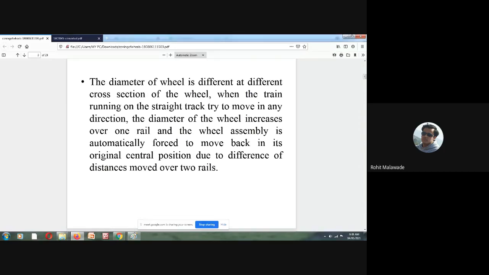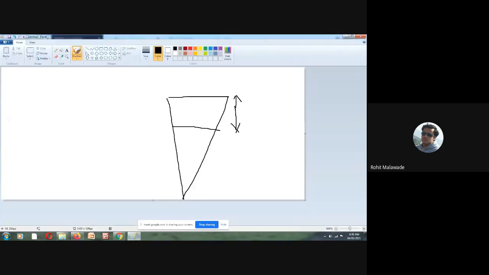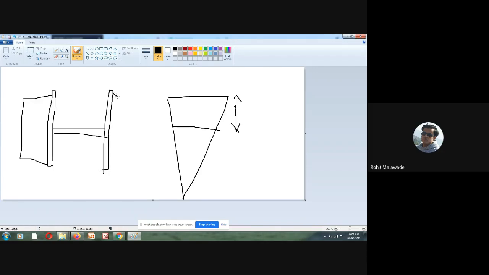Now here, if we consider this the flange, and this your rail wheel, what is going to happen when it moves on a straight track?